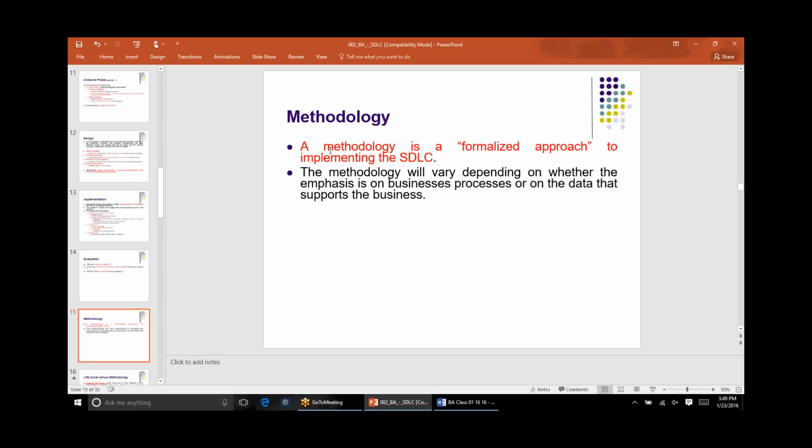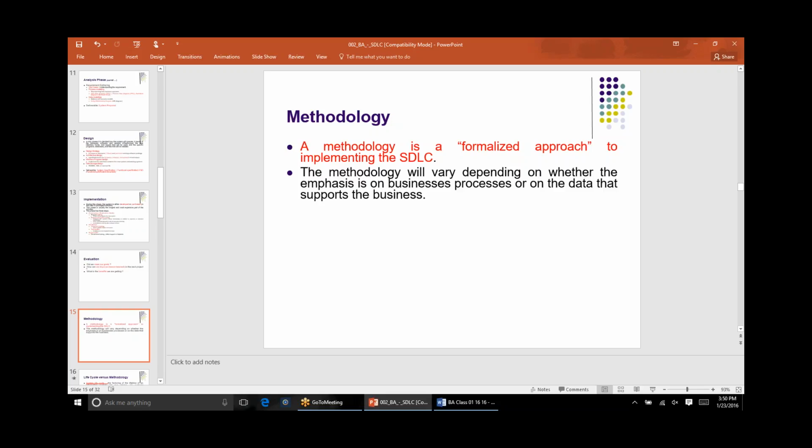Okay. So methodology is a formal approach. If I am going to implement a solution, how will we implement it? That is methodology. Methodology can change. Methodology can vary. Methodology can be fine-tuned.